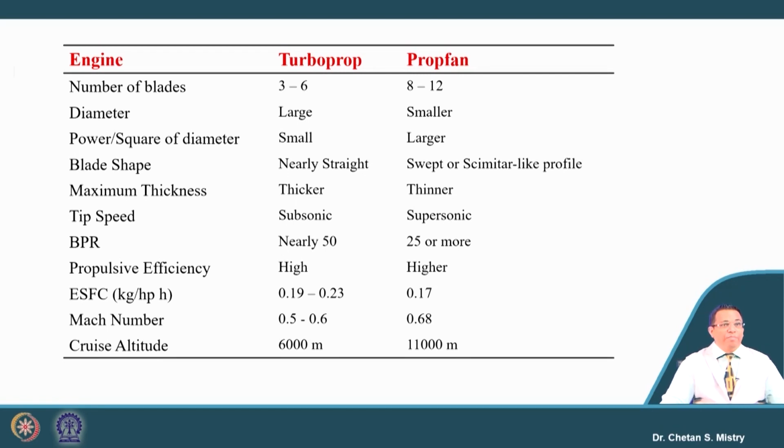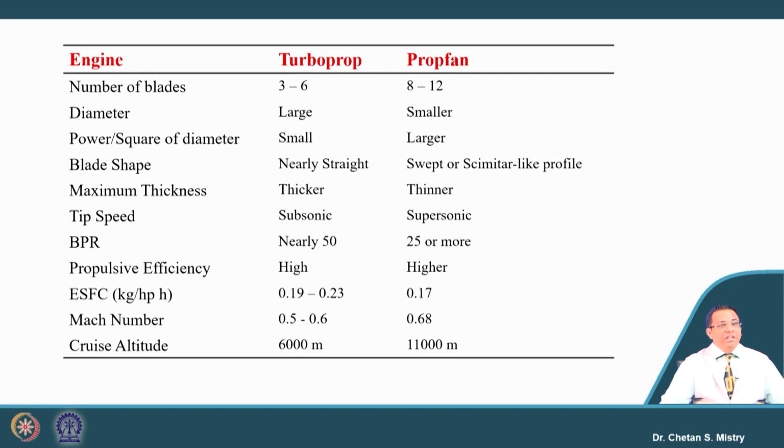In terms of propulsive efficiency, for the turboprop engine the efficiency is higher, but even higher efficiency can be achieved with the prop fan engine. The equivalent specific fuel consumption is lower for the prop fan engine, in the range of 0.17. And flying Mach number is a major attraction for the prop fan engine.